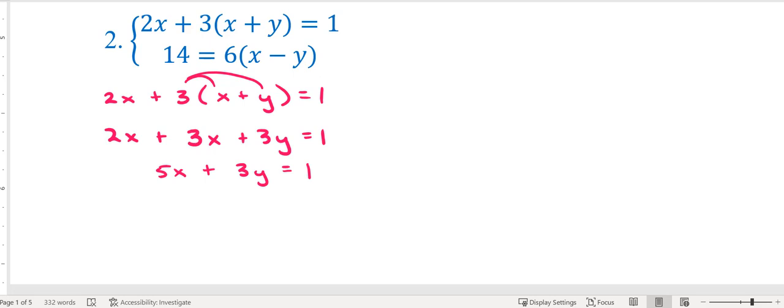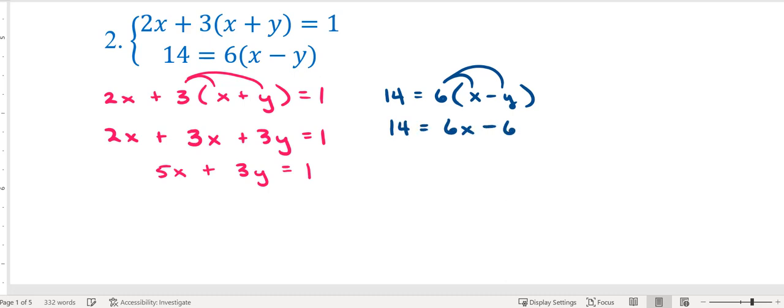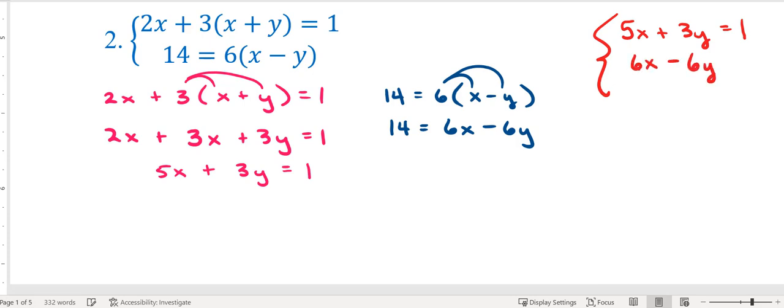Now for the second equation, I have 14 equals 6 times (x minus y). Distributing the 6, 14 equals 6x minus 6y. So my system is actually 5x plus 3y equals 1 and 6x minus 6y equals 14.